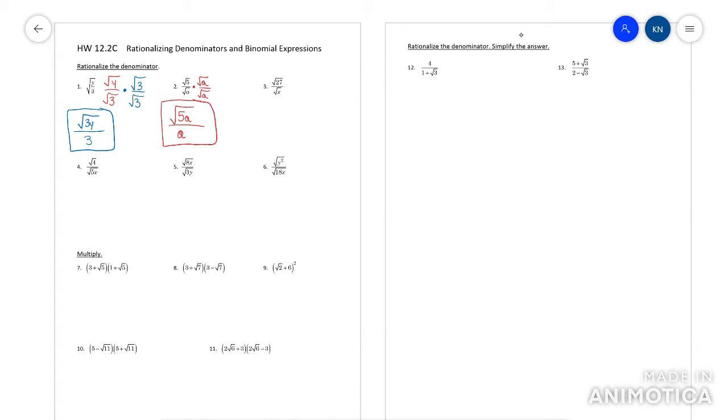All right, this next one. It's over root x, so you're going to want to times by root x over root x. Now, what you're going to get is root 27x over x. You might think you're done there, but you're not. You have to still break up 27, the square root of 27 is 3 cubed.